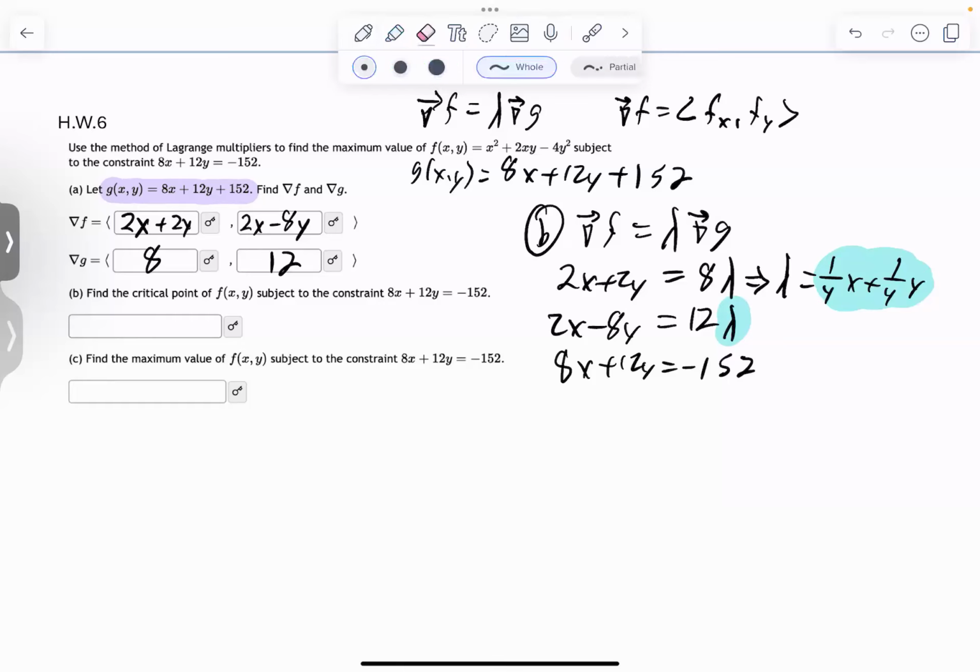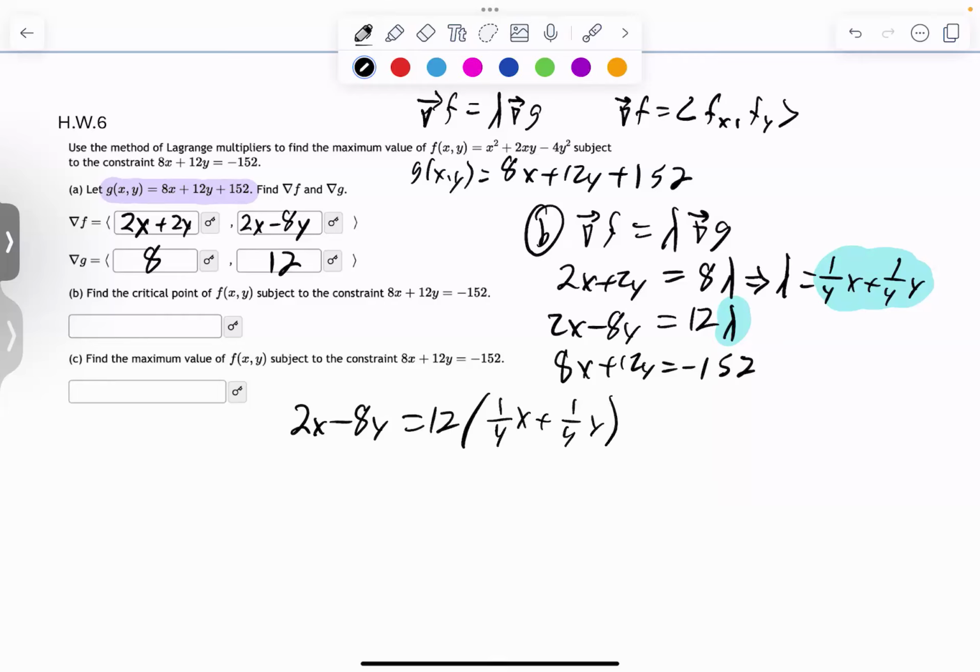So I'm going to come over here. 2x minus 8y equals 12 times that, and multiplying through by the 12, I get 2x minus 8y equals 3x plus 3y.